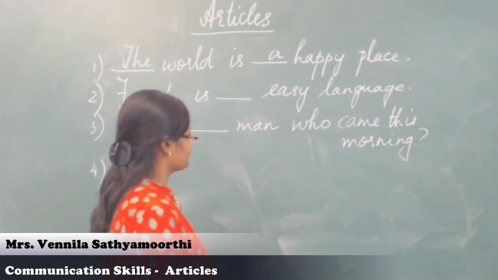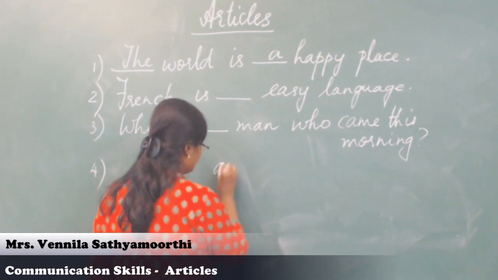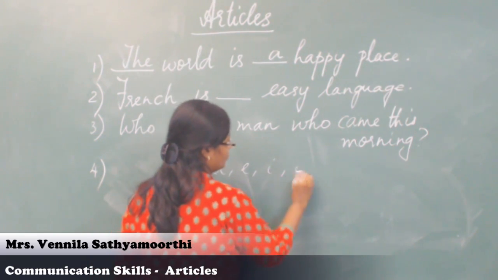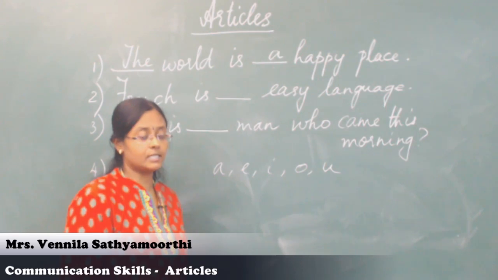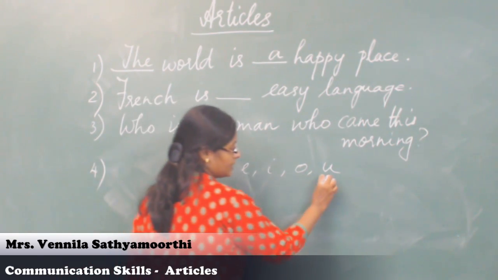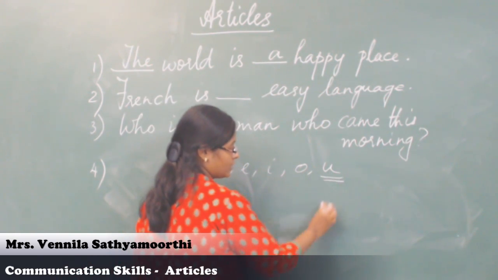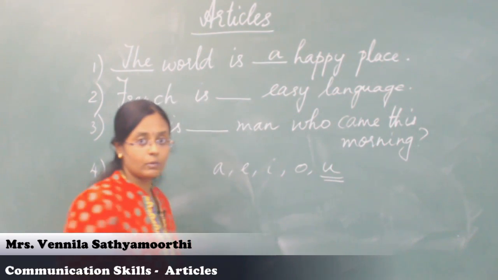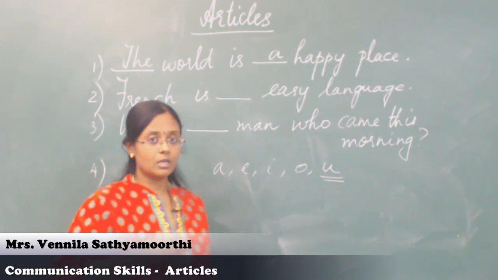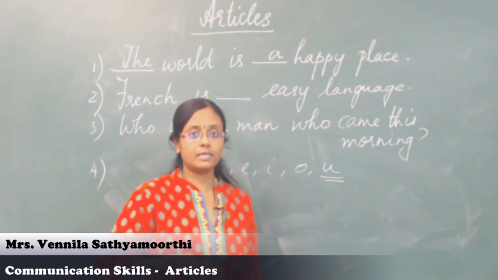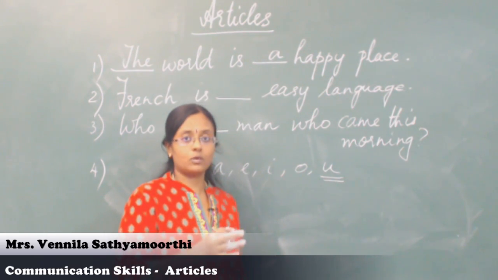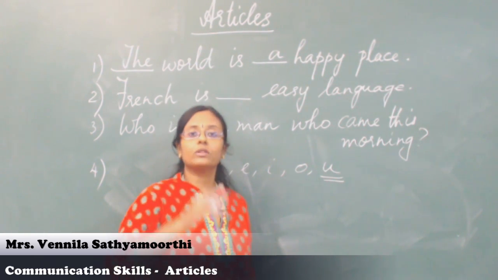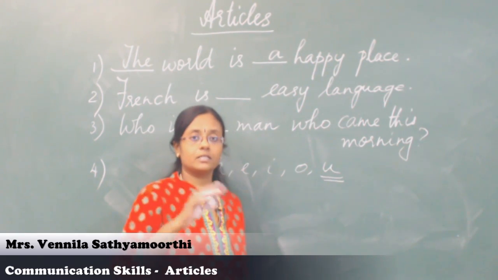Okay. That's a very basic thing. Now, A, E, I, O, U. These are vowel letters. But this letter, only when it is pronounced as A, it is a vowel sound. If it is pronounced as U, like we had some examples, universal, union, then it's not a vowel sound, it's a consonant sound because it begins with the letter Y, the sound I mean.